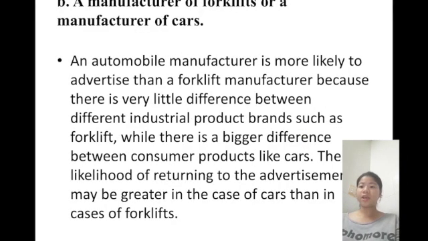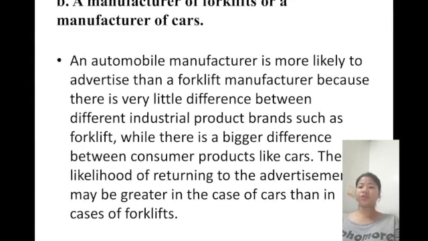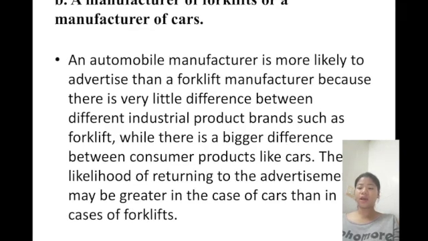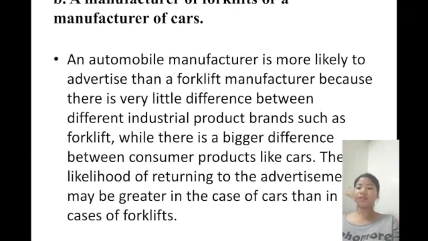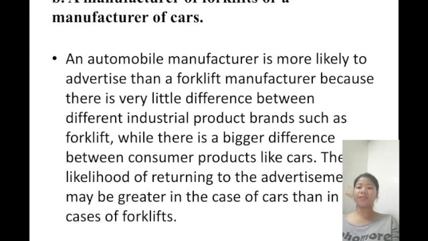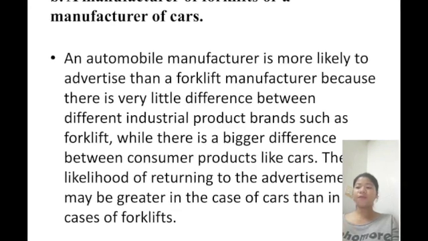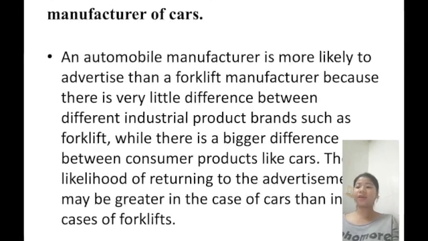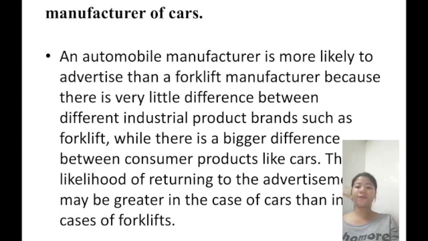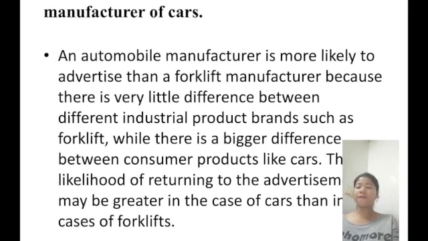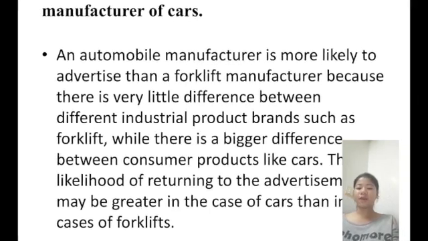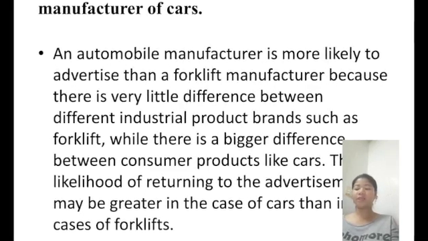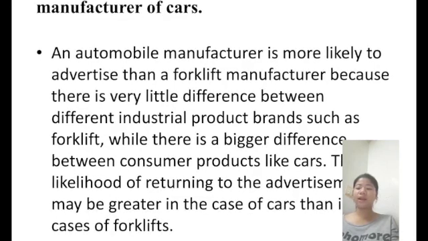In question B, a manufacturer of forklifts or a manufacturer of cars. An automobile manufacturer is more likely to advertise than a forklift manufacturer because there is very little difference between different industrial product brands, such as forklifts, while there is a bigger difference between consumer products like cars.